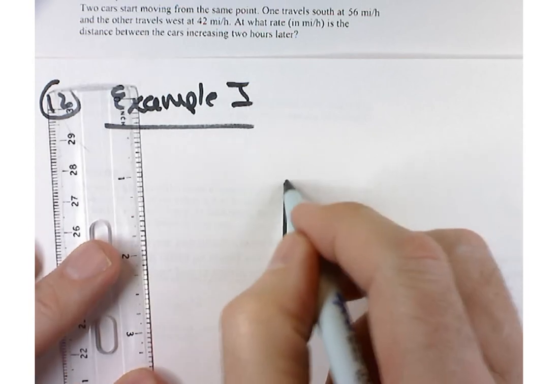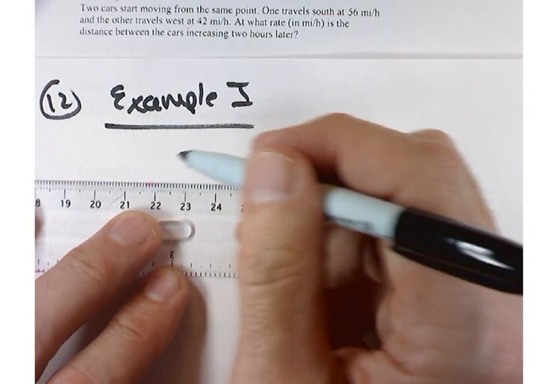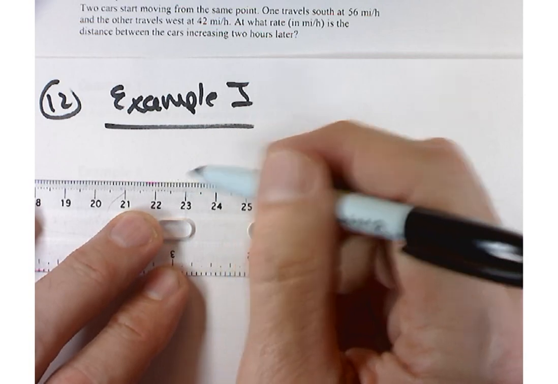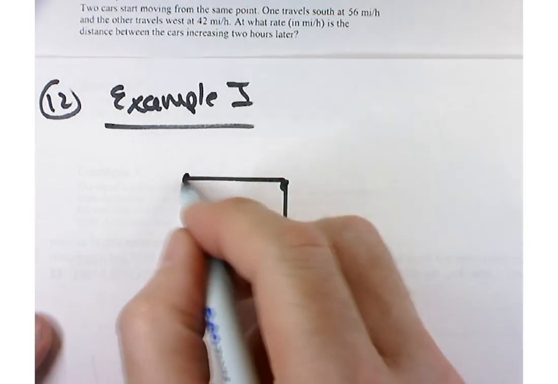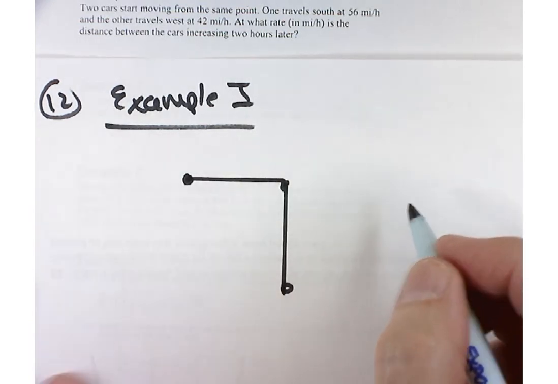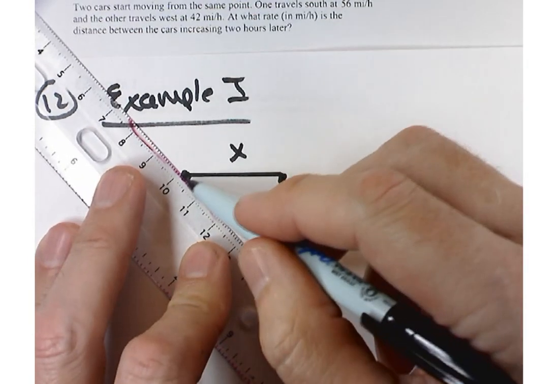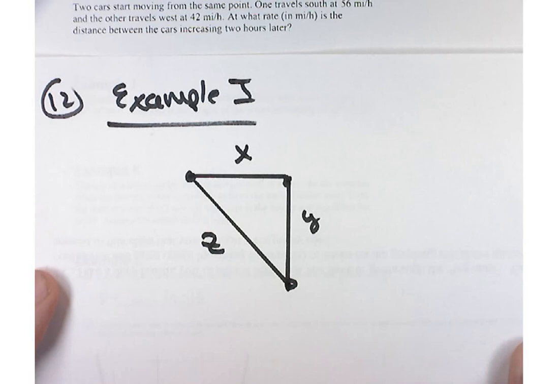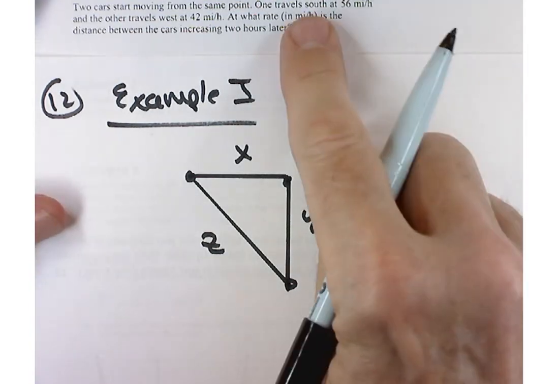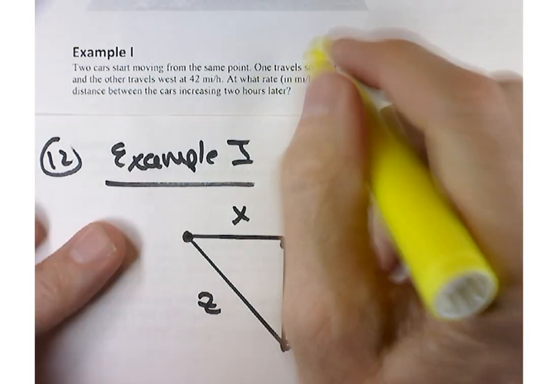So south, and then west. I didn't draw these wonderfully to scale, that's okay. So I'll call that my x, this is my y. And eventually I'm going to want to know something about z.